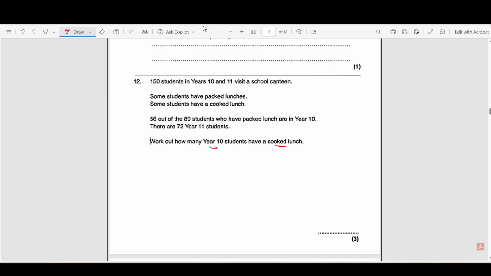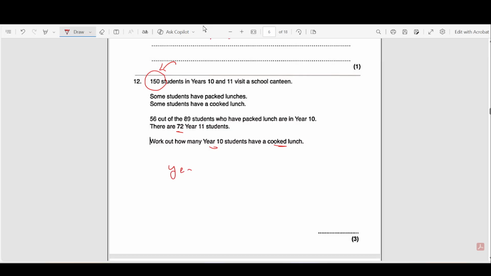First of all, we need to find the total number of students. If you notice, the total number of students is already given, 150 students, right? And there are 72 year 11 students.